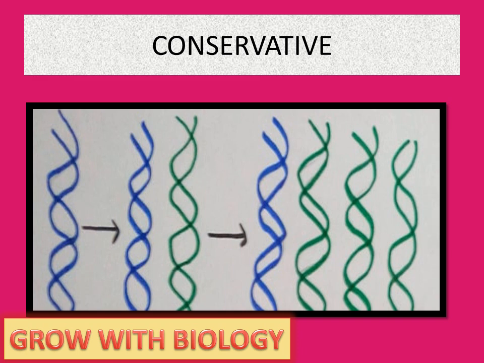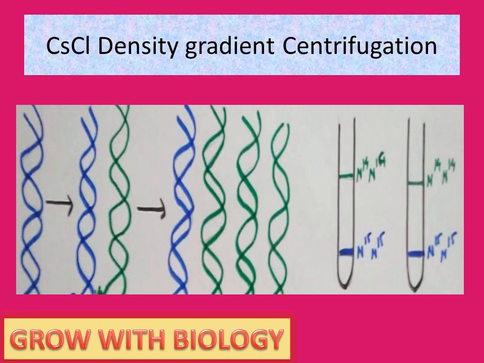Now if this is the mode of replication, then we will find that in the first generation there would be two bands, one N15N15, another N14N14. And in the second generation also we should have similar density bands, which Meselson and Stahl did not obtain.